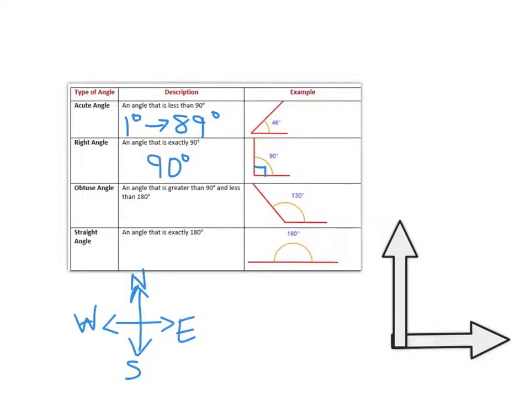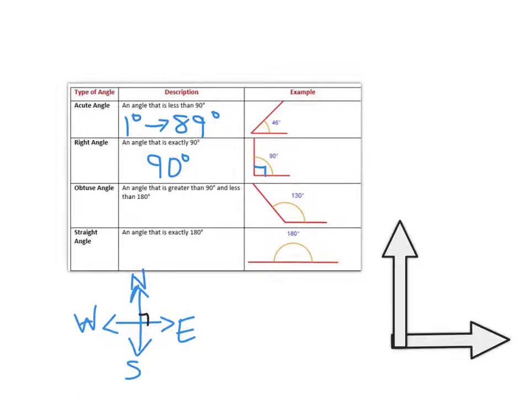So I would have drawn a little box in there to show you, hey, that's meant to be a right angle. And this one's a right angle, right angle, right angle. So those right angles are a little bit easier to find because they only have one measurement, and it is always the corner of a square. Squares have 4 right angles, 1 in each corner.